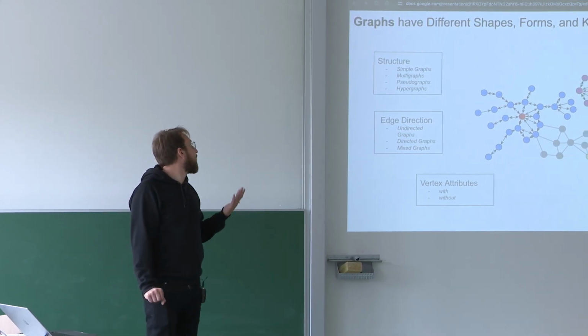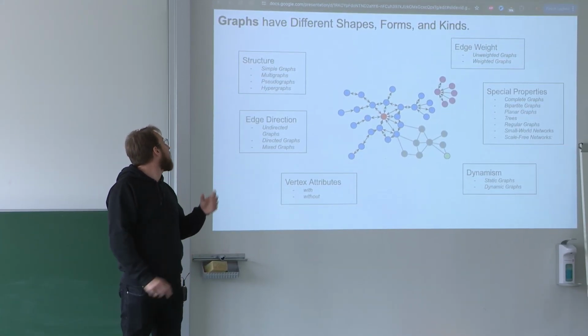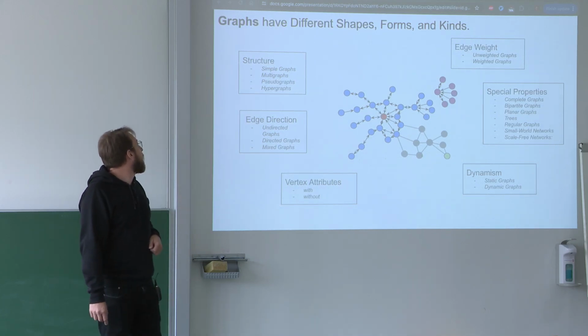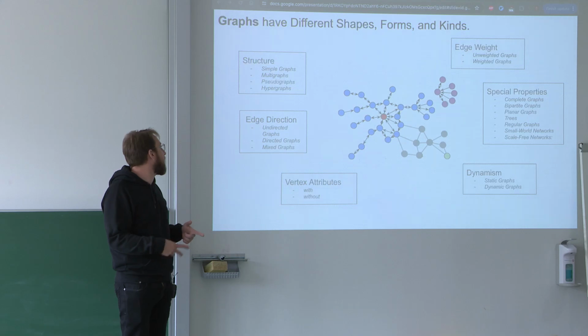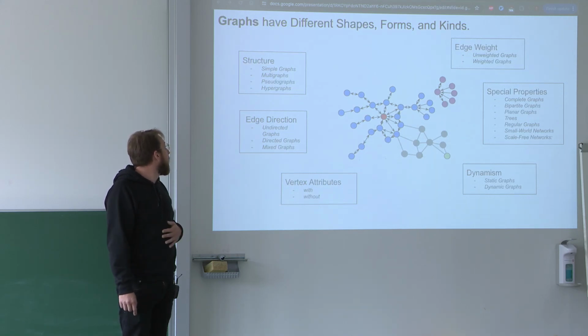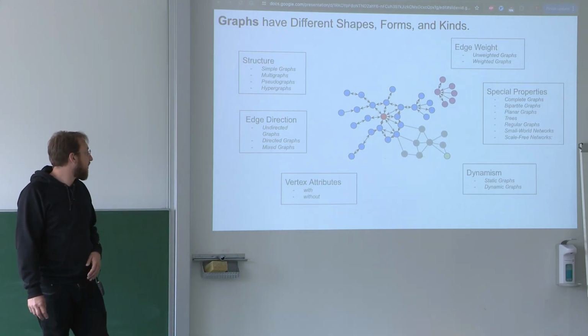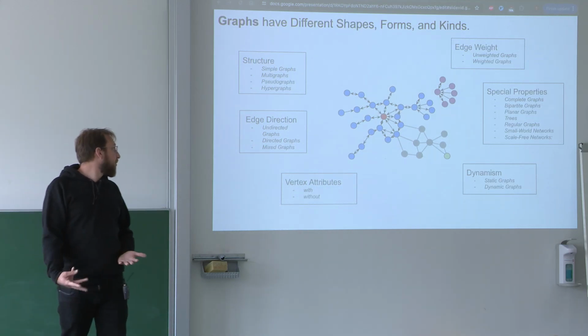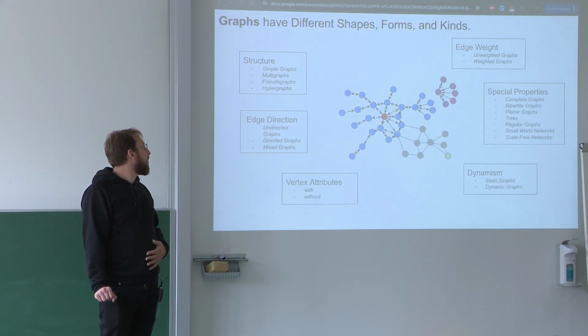Graphs come in different forms and shapes. There are simple graphs, and multigraphs that can connect nodes with multiple edges. We have hypergraphs in which one edge can connect multiple nodes. They are directed or undirected. They can be mixed. They can have vertex attributes or no vertex attributes, and the same is true for edges.